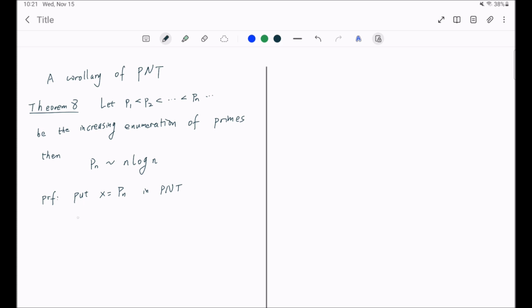Then it follows that p sub n divided by log of p sub n is similar to pi of p sub n. But pi of p sub n, by definition, is precisely n. So this is the precise number of primes less than or equal to p sub n, which is n.